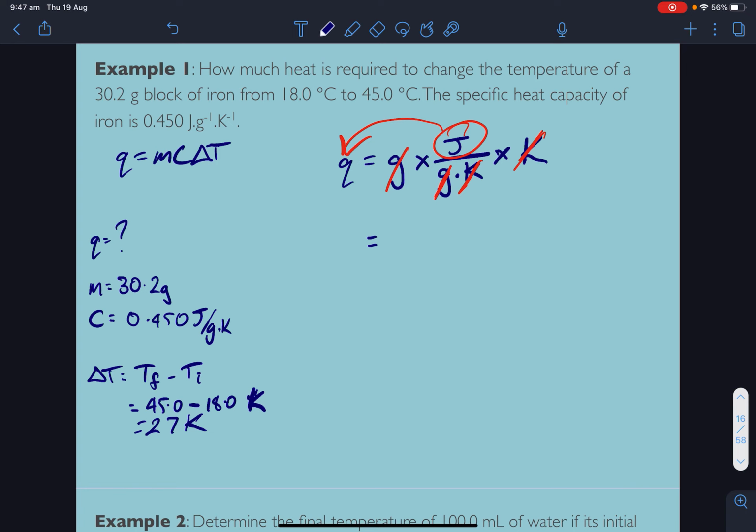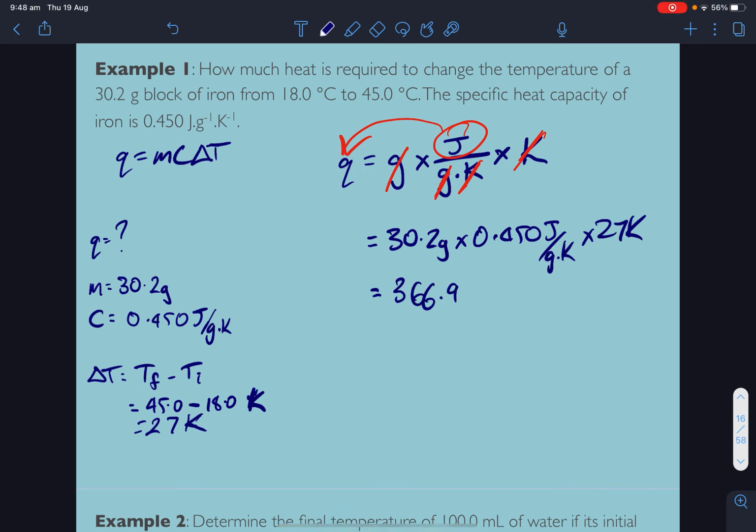So we've got 30.2 grams of iron multiplied by 0.450 joules per gram per Kelvin, and multiply it by the 27 Kelvin. I know it's all going to work out, so I can put my numbers in my calculator now. 30.2 times 0.450 times 27, and I'm going to get my answer in joules. I get 366.93 joules.